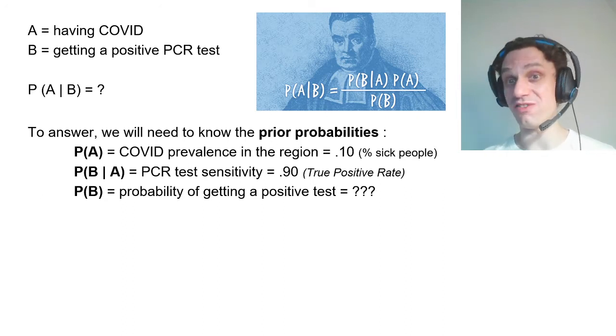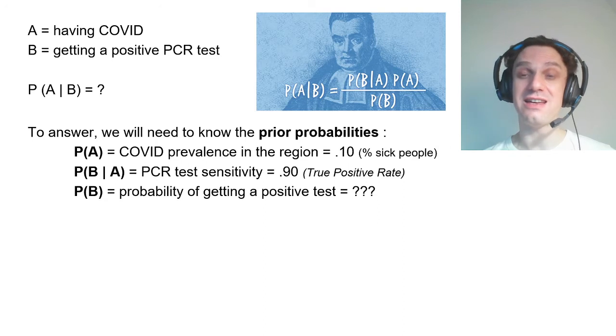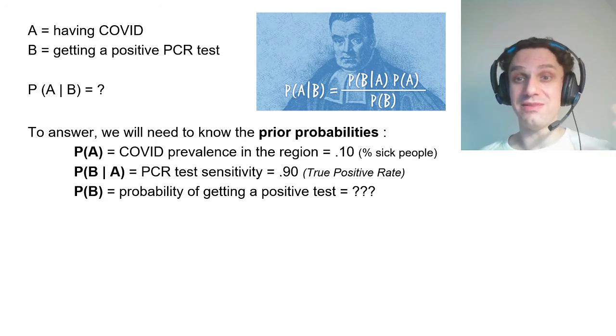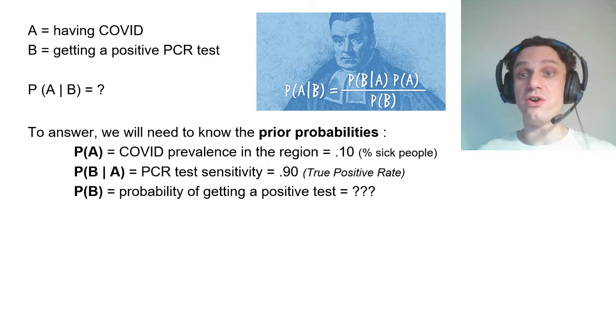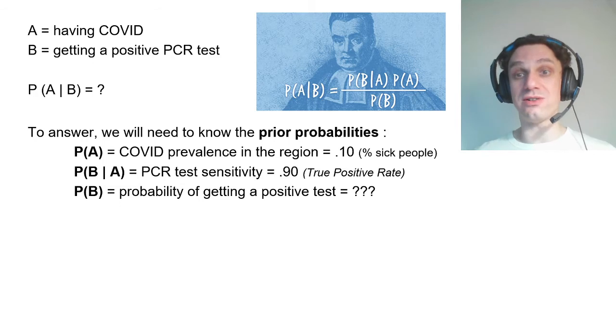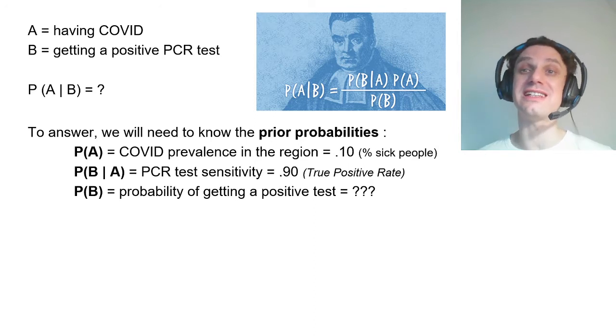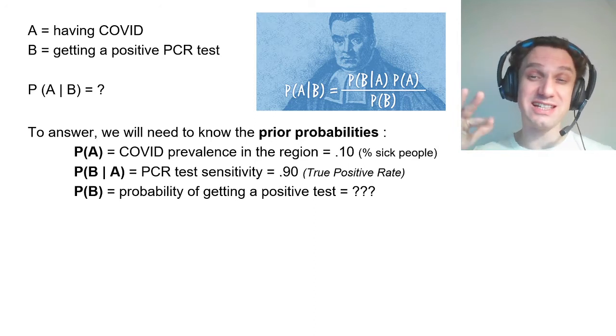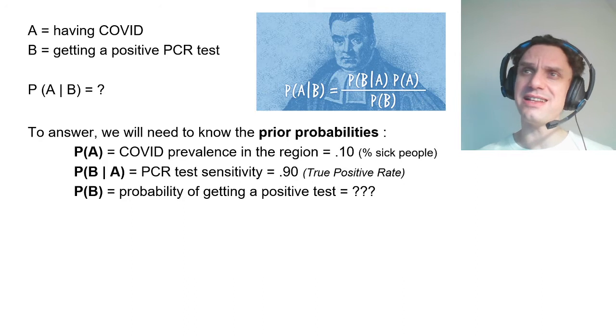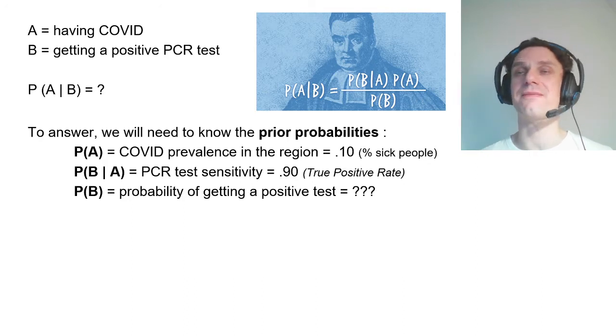They take a sample of people who are known to have COVID, and they calculate the proportion of true positive results. Basically, the proportion of positive results in this group of people who are known to have COVID. This is called test sensitivity. And you can easily find it in the manual for any test. For PCR tests, it's very different, but it's around 90%.